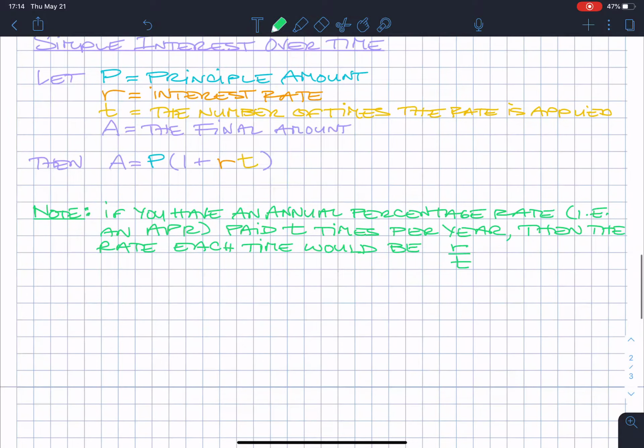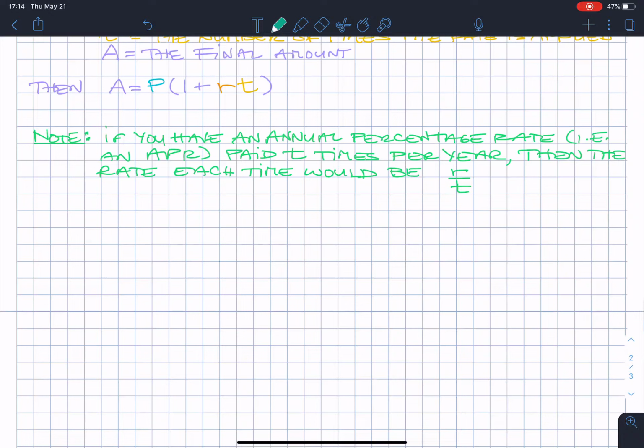So what do I mean by this? So for example, let's say I had 24% APR paid monthly. So T is equal to 12 because there's 12 months.